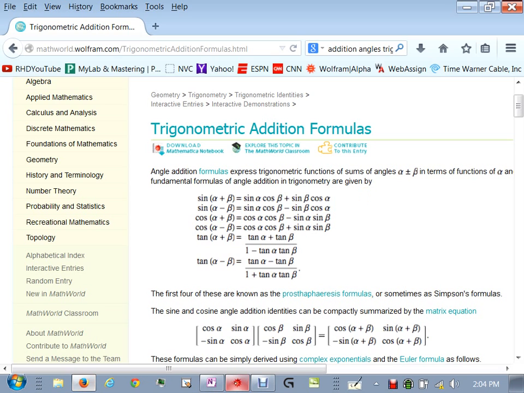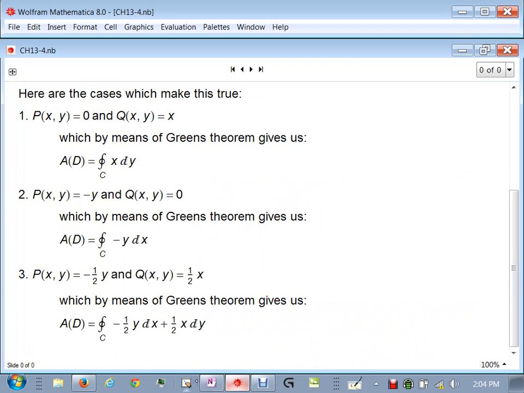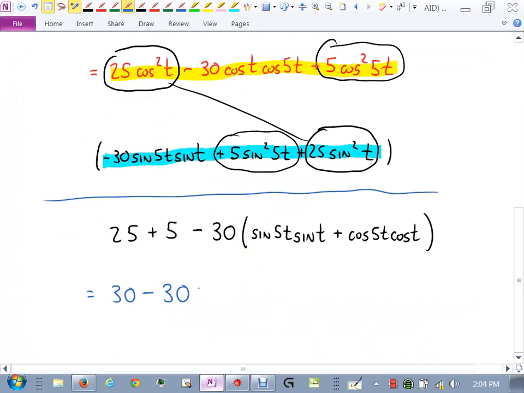Cosine 4t. Right? Now that's more like it. We can integrate that, right? See what I'm saying? The second formula, we could have done it, but it would have been kind of ugly. This last one, things canceled, things got better, and we've got something that's very much in the realm of integrability, right?